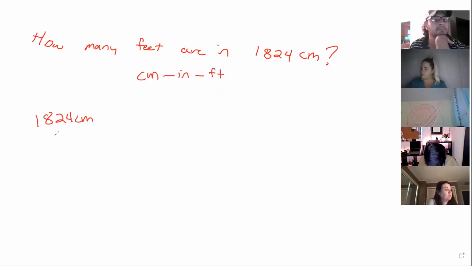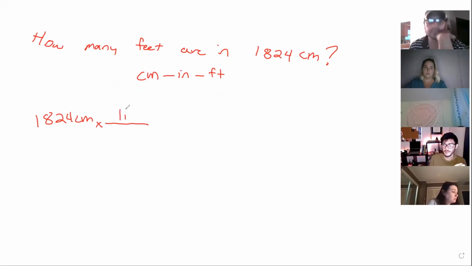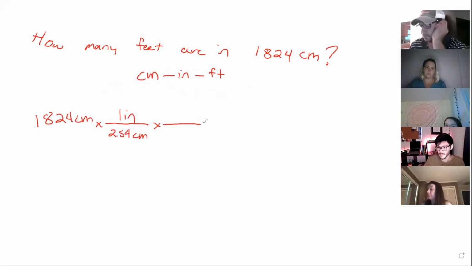That makes more sense. So if I want to go centimeters to inches, I can use that conversion factor from the previous thing that said, hey, 1 inch is equivalent to 2.54 centimeters. And from there, we know that 1 foot is equivalent to 12 inches. Some people will break these up. I just chain mine together.